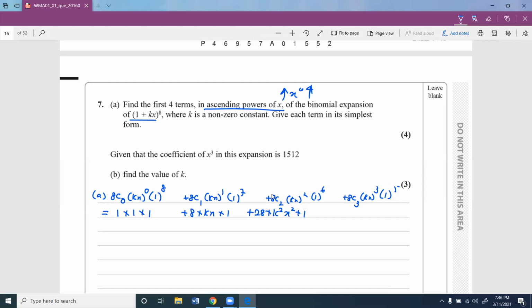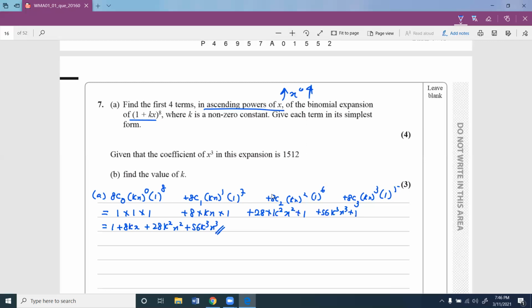Then 8C3 is 56, 56 k cubed x cubed into 1. So with this you get the answer: 1 plus 8kx plus 28k squared x squared plus 56k cubed x cubed. This is the answer for that.